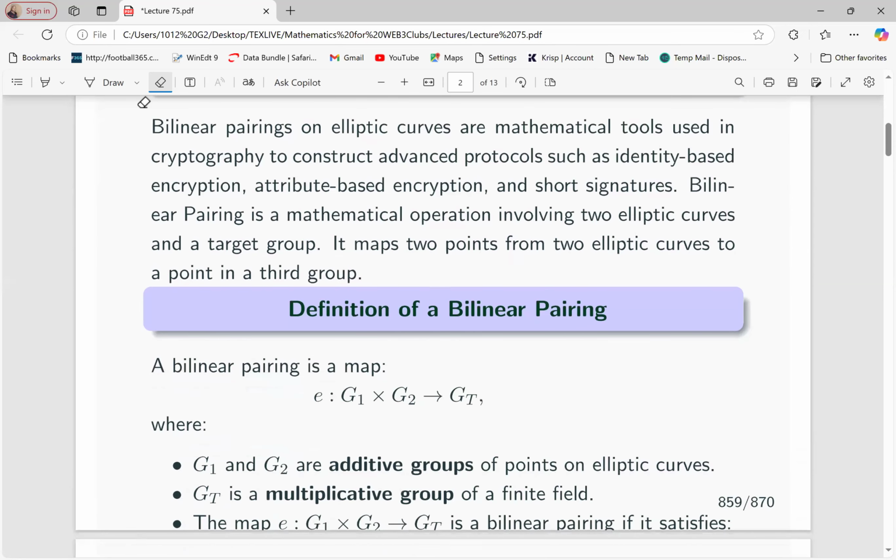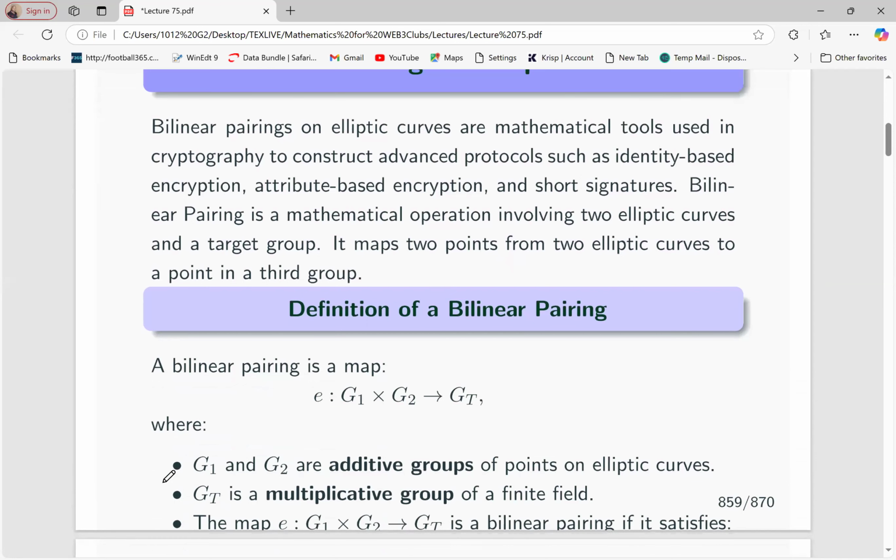So therefore, what is bilinear pairing? Bilinear pairing, therefore, is just a map. It's a map, this map e, or a function, you can say a map or a function, and it's mapping these points to these points.